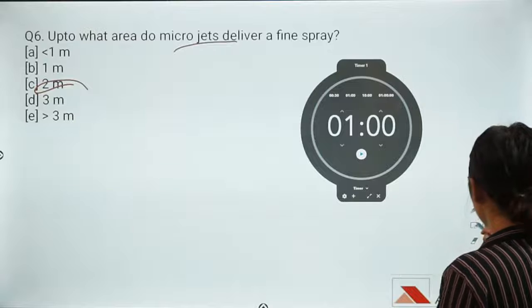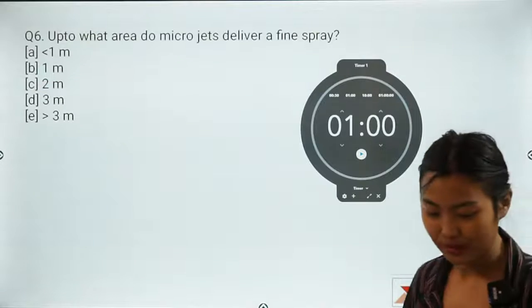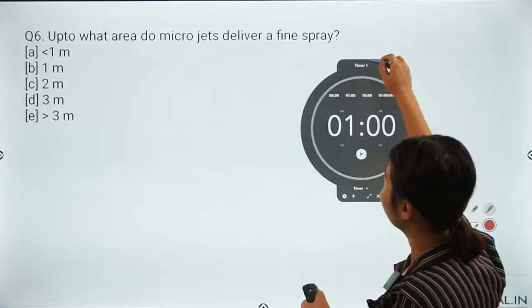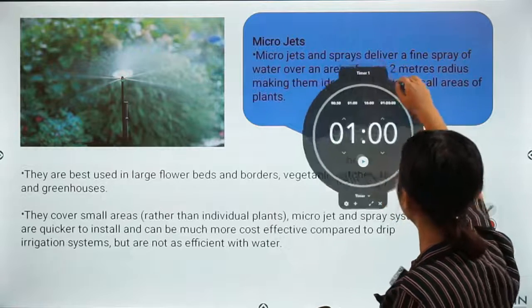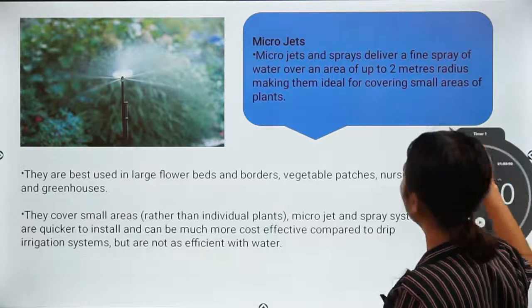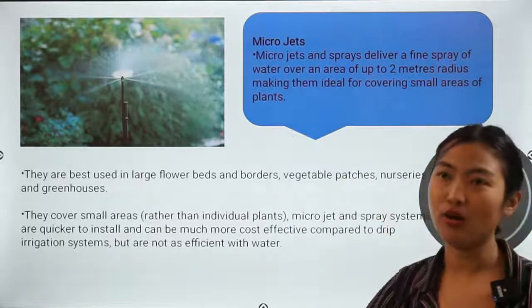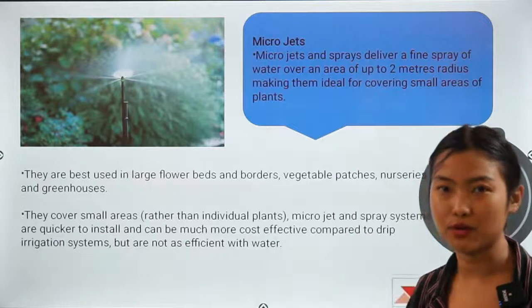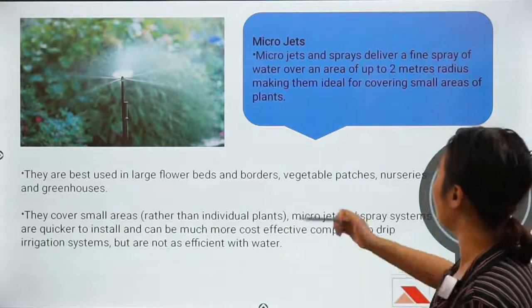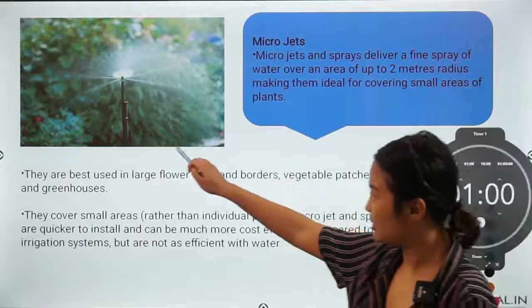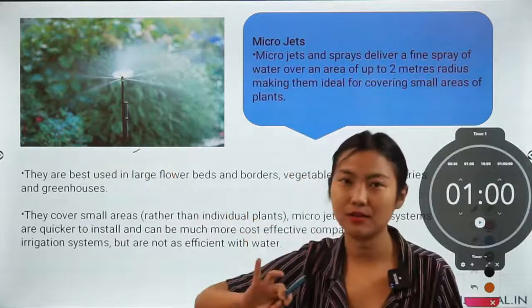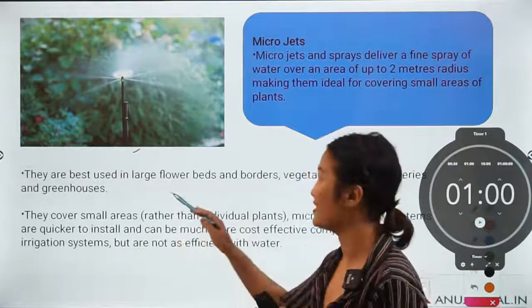Let me explain what these microjets are. Microjets are also a type of micro irrigation system, and they are in this picture. It's kind of similar to a sprinkler irrigation system, right?